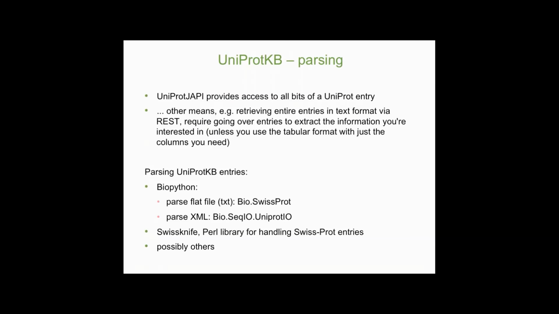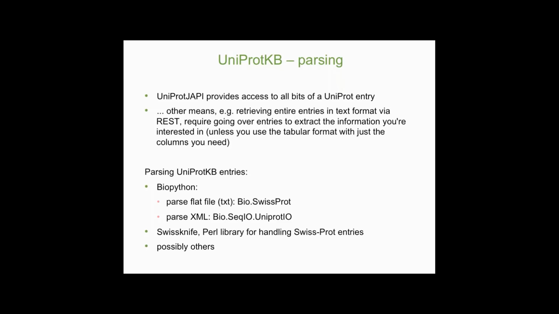Okay, now what we've talked about so far is that the REST API, or all the other means of accessing UniProt data programmatically, allow you to run queries and download the data. Now, the UniProtJAPI provides access to all bits of a UniProt entry. It represents it as a virtual object that you can poke and explore.